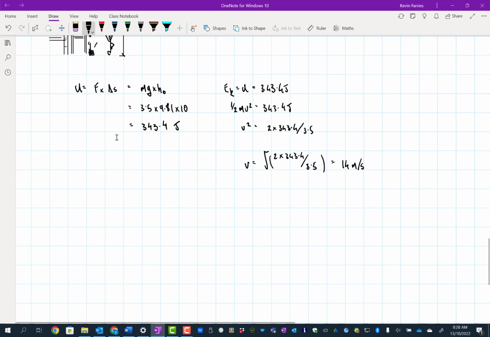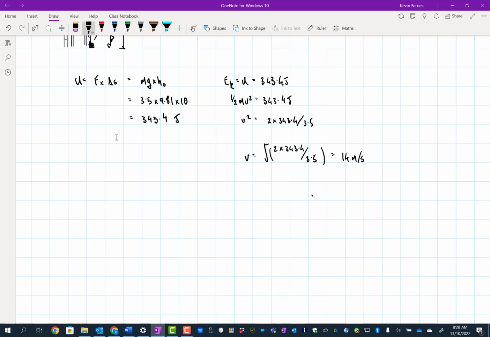So we've answered both of those questions. When it hits the ground, the velocity is going to be equal to 14 meters per second, and the kinetic energy is going to be equal to 343 joules, to 3 significant figures.